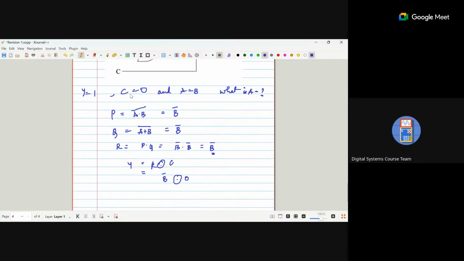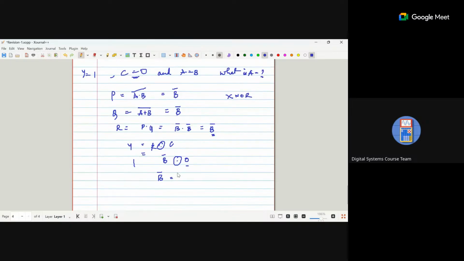It is given, no? And we know that Y should be equal to 1. In the same XNOR table, when you want 1 and one particular value is 0, then your B dash will be equal to 0. Correct. So if that is 0, your B is 1. We know that A is equal to B, so A is also 1.